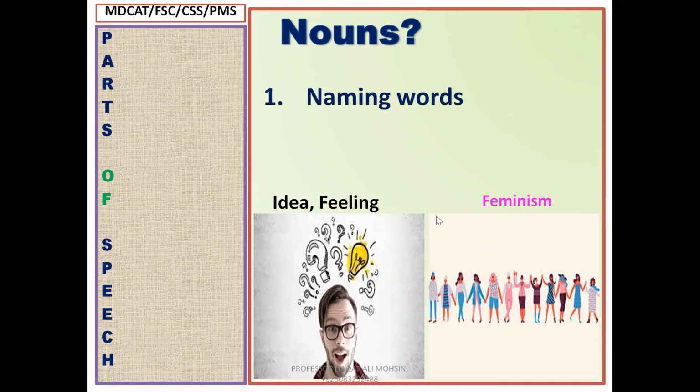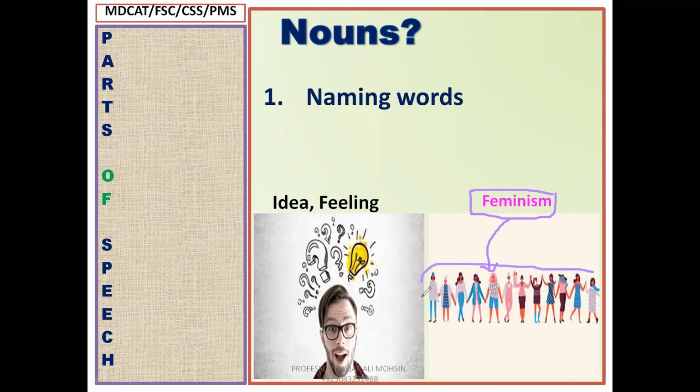Suppose I take the example of feminism. Feminism is the propagation of women's rights. That is symbolized by the gathering of women and raising slogans for their rights. Now, this is not a physical phenomenon.